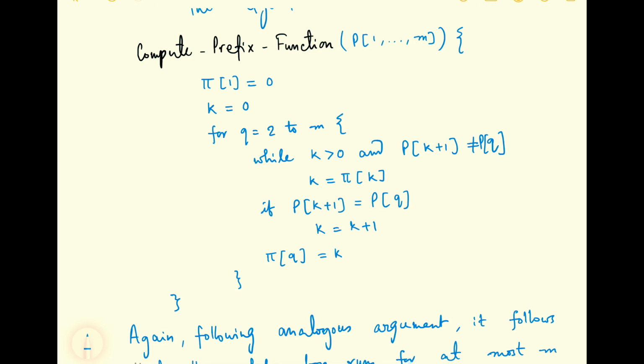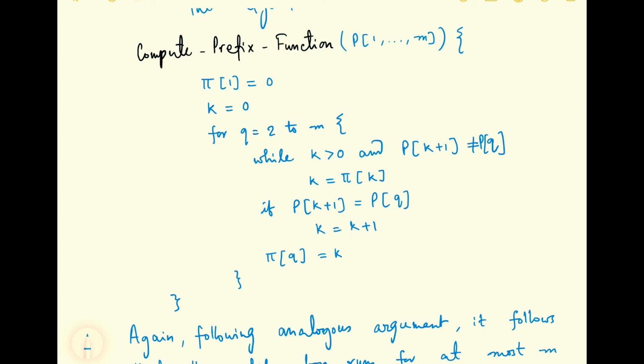I come to the if condition, increase k, and then update pi q. Otherwise, if I can't extend, then the next k that I have to look at is pi k, and I update k equal to pi k.